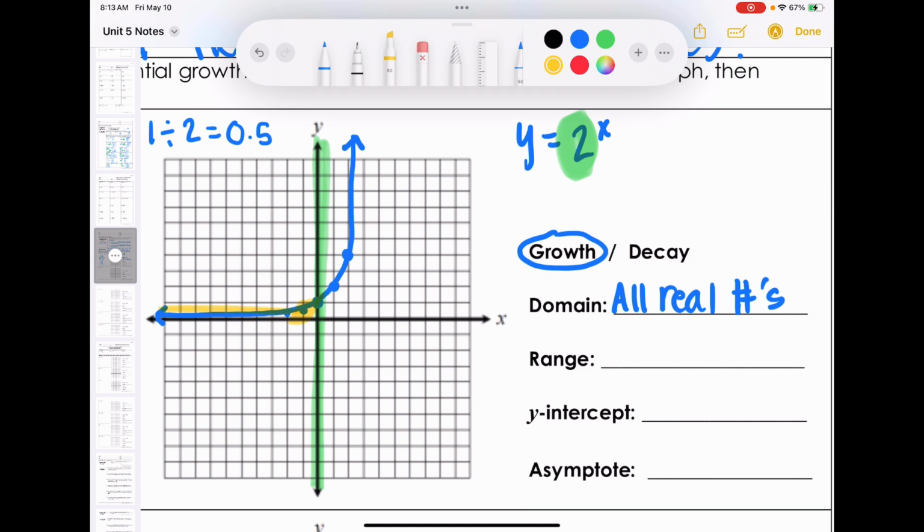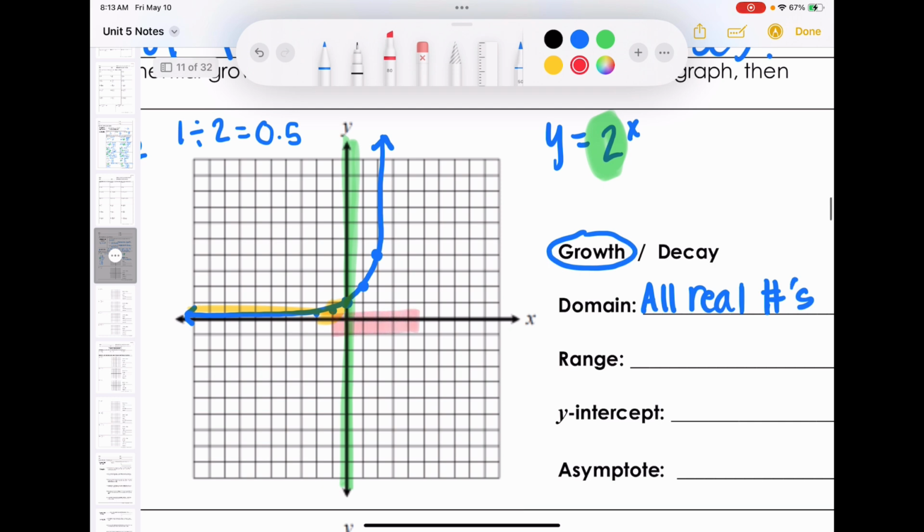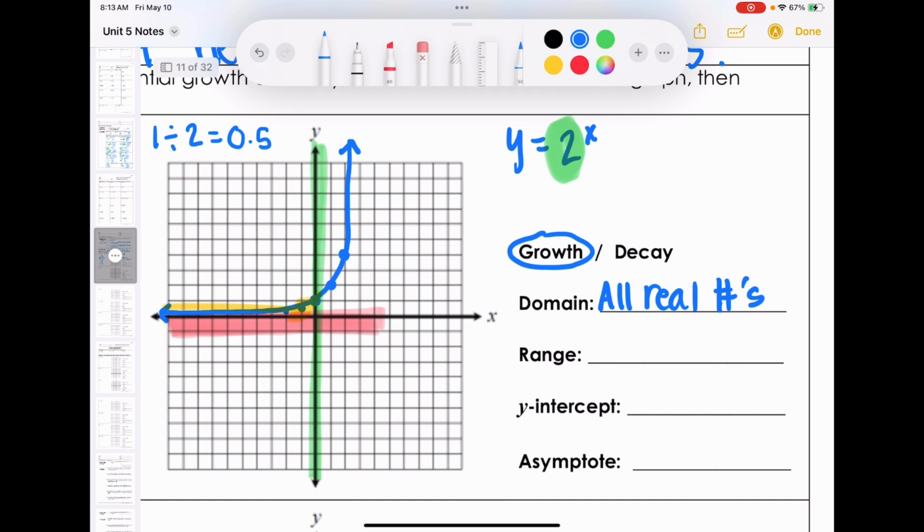And it's never going to cross this line right here. So what y value is that? That is a y value of 0. And then since it's a growth and it's going up, it's not ever going to go below 0, that means y is greater than 0.